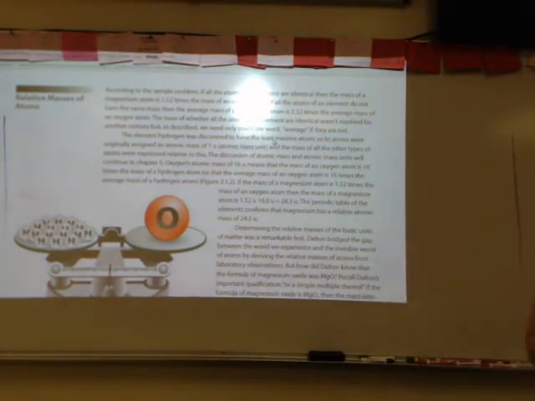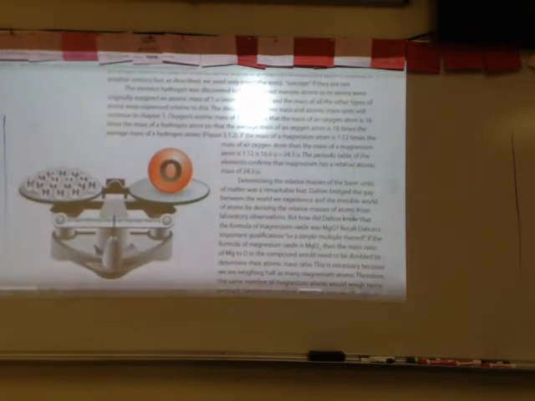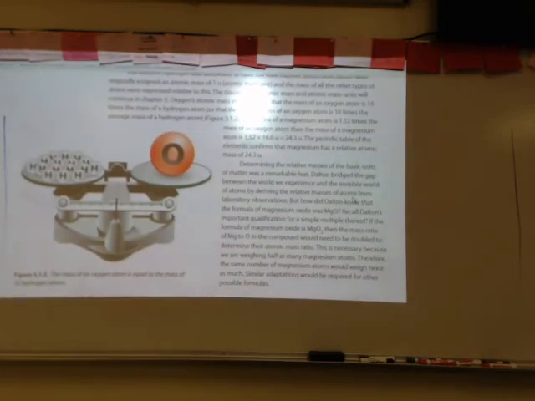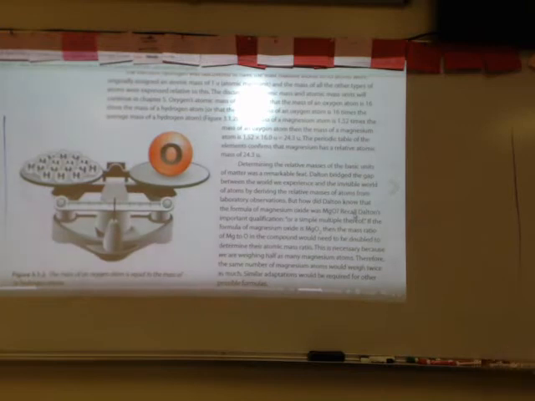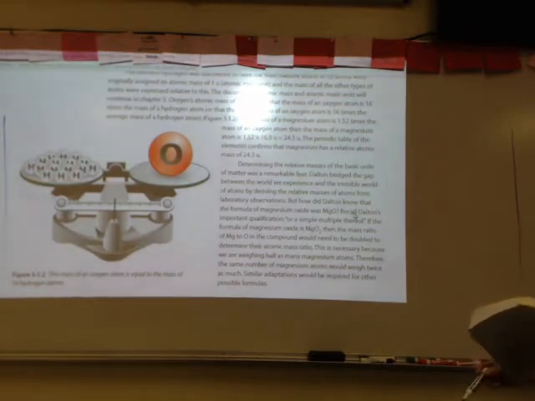Now, the element hydrogen was discovered to have the least massive atoms. So originally, its atoms were assigned an atomic mass of 1 atomic mass unit, and the mass of all of the other types of atoms were expressed relative to it. And oxygen's atomic mass of 16 really means an oxygen atom is 16 times the mass of a hydrogen atom.